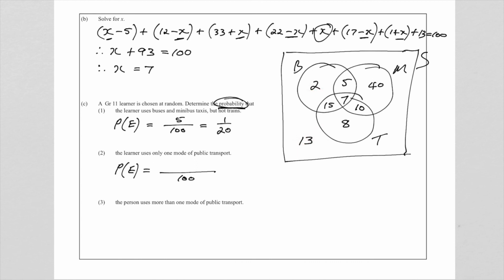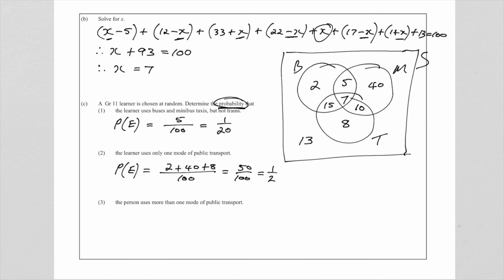So we're going to take the 2 plus the 40 plus the 8 to find this probability. So it's 2 plus 40 plus 8, because they represent only that one mode of transport. And this, you can see, gives us 50 over 100, which is the same as a half.